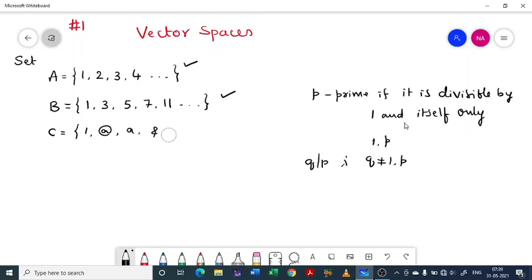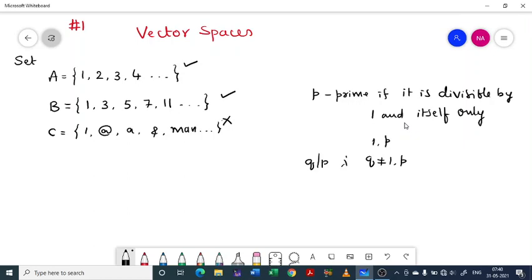Let us write one more entry, a word. There is no exact relationship between the objects of this collection. So this is just a collection, not a set.